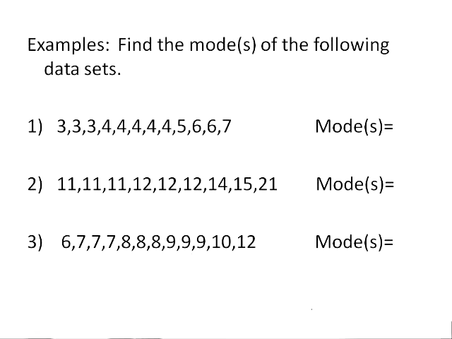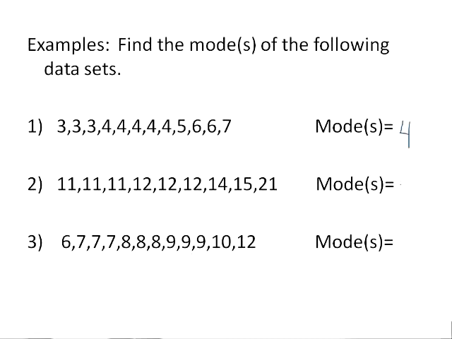So the first data set, you have the 3 repeated 3 times, the 4 appears 5 times, the 5 appears once, the 6 appears twice, and the 7 appears once. So the mode in this case is going to be equal to 4. The 4 appears most often.